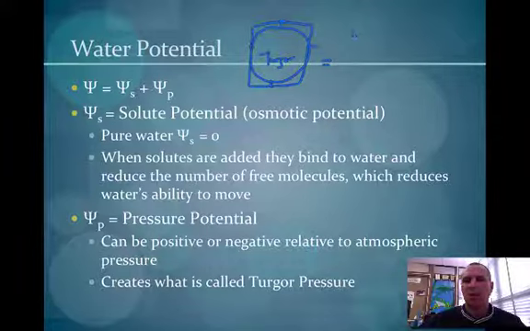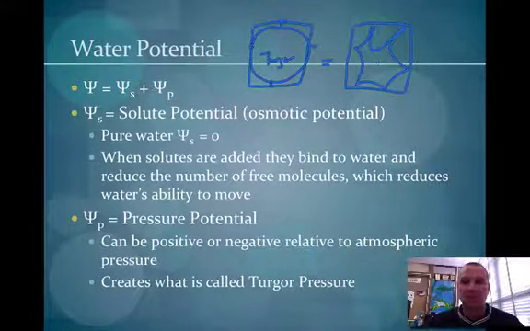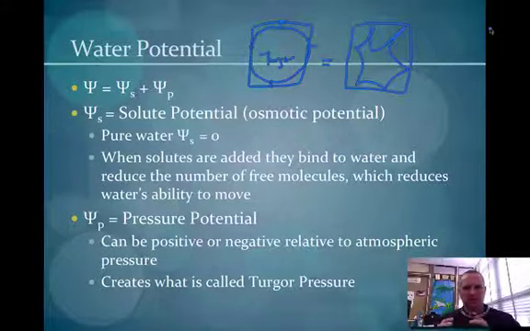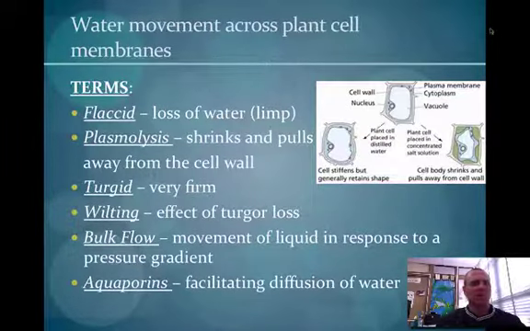Now, when a plant wilts, what happens is this central vacuole actually shrinks, and we've seen that. That's called plasmolysis, and this would have less turgor pressure. It wouldn't have that full pressure exerting on the cell, which causes the plant to wilt. Now that's all linked to water pressure.